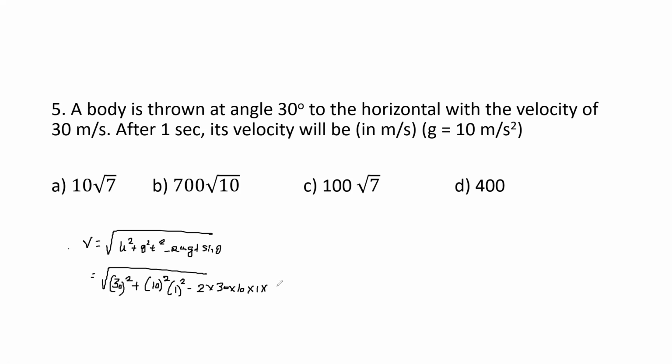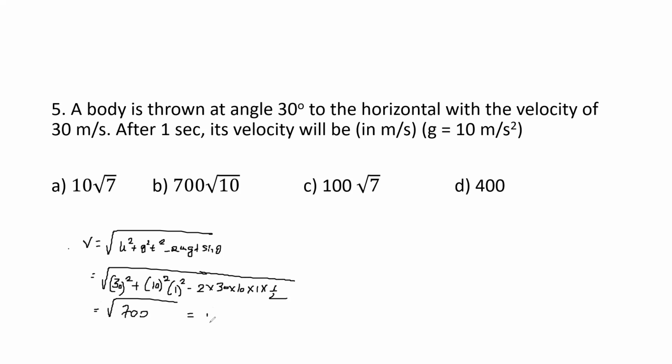So sine 30 is how much? It is 1 by 2, right? Now you can simplify this. Here, 30 into 10 is 300, the 2 will get cancelled. Here 10 square is 100, and 30 square is 900. If you simplify this, it is root of 700.